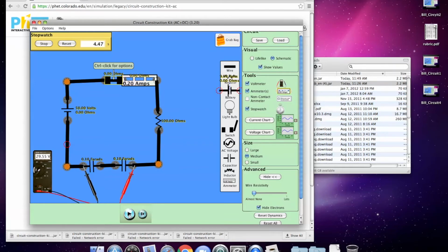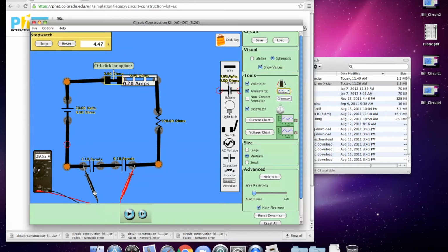Let's stop it here and take our first data point at a time of 4.4 seconds. You will notice that V across the two capacitors is 29.55 volts.